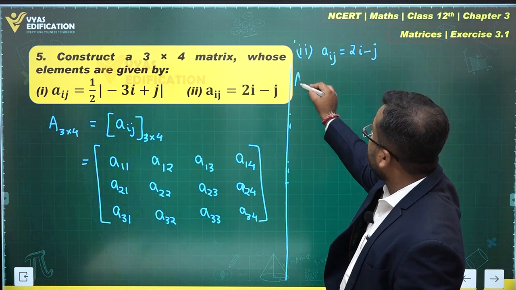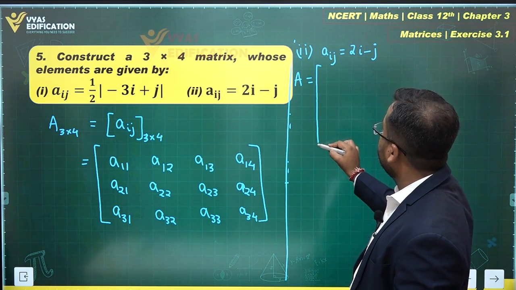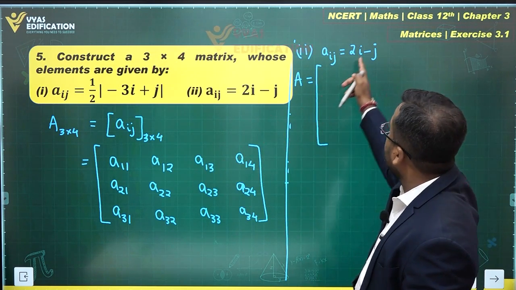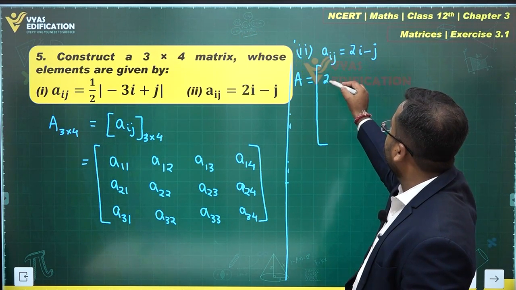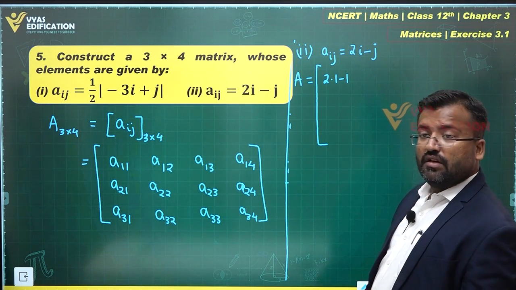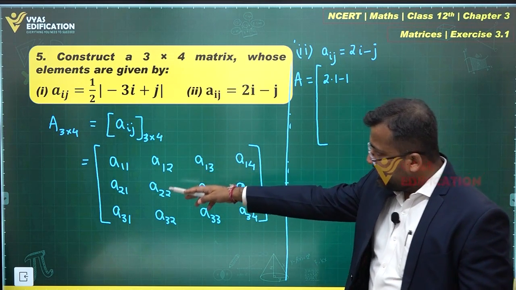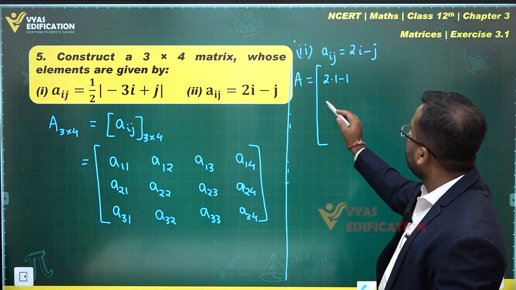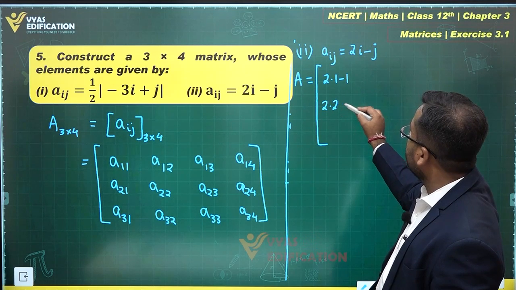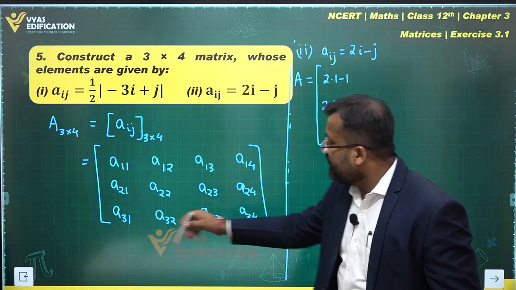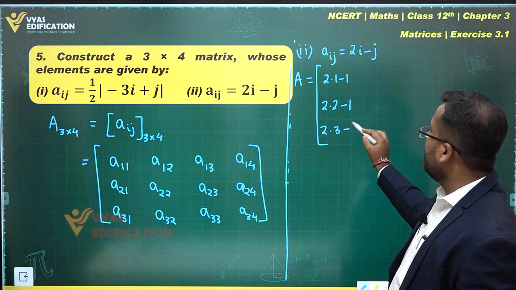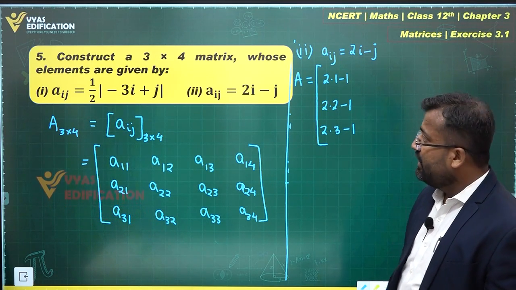What I'll do is I'll directly construct the matrix this time around. A11 will be equal to 2 times 1 minus 1. A21 would be equal to 2 times 2 minus 1. A31 would be equal to 2 times 3 minus 1. I can write it as this, yes? That is easy.